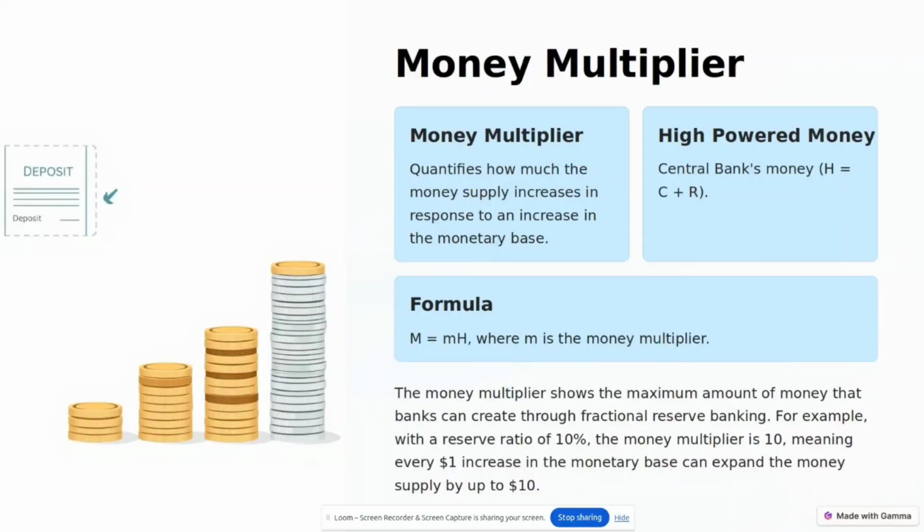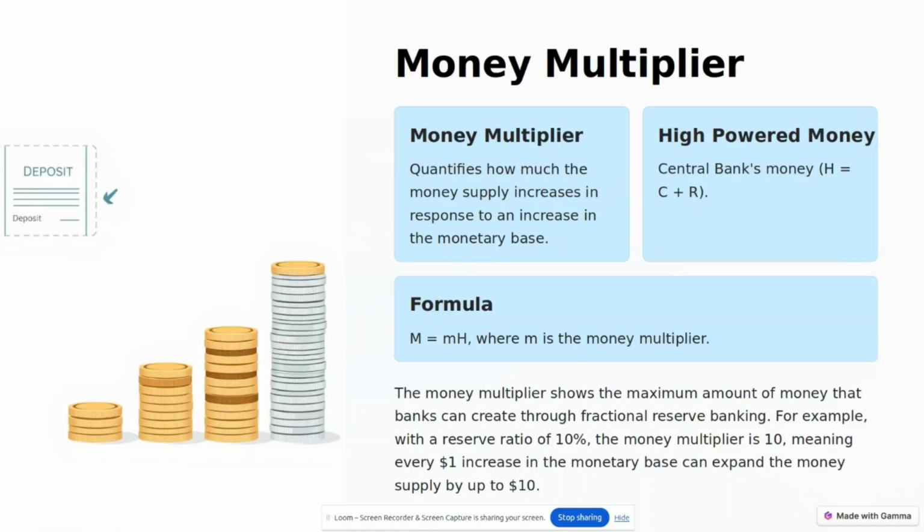So the money multiplier quantifies how much the money supply increases in response to an increase in the monetary base. High powered money is the central bank's money, H is equal to C plus R. And the formula is M equal to m times H, where m is the money multiplier.